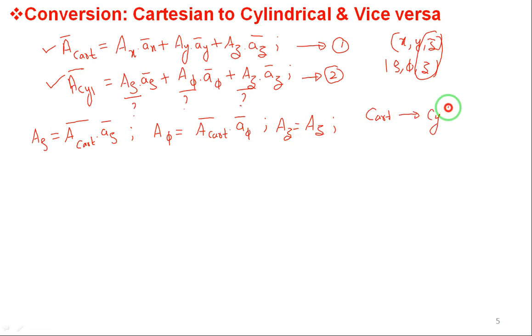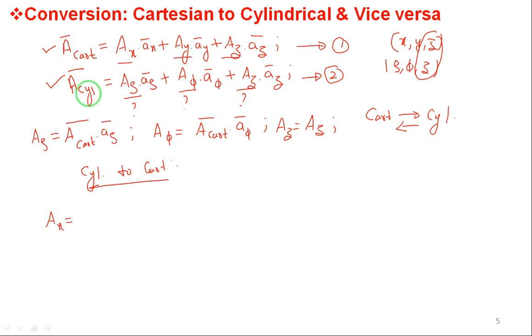Next we will see cylindrical to Cartesian. Now I have the cylindrical vector, and I want the Cartesian vector, which means I want to calculate Ax, Ay, Az. How to calculate?